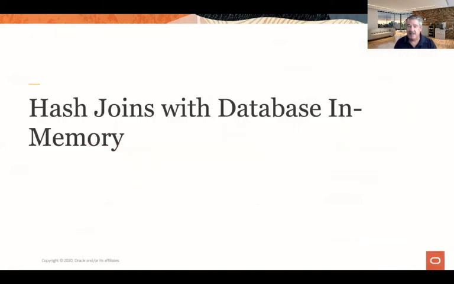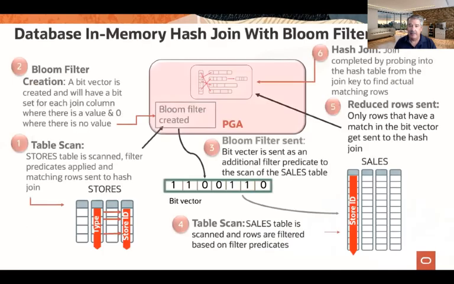So how do we optimize hash joins with database and memory? It's the same basic process, but notice now as we scan the stores table and build the hash table in memory, we're also going to create a Bloom filter. A Bloom filter is a dense memory structure that allows us to identify membership, or whether or not the rows in the stores table met the filter criteria that we applied.